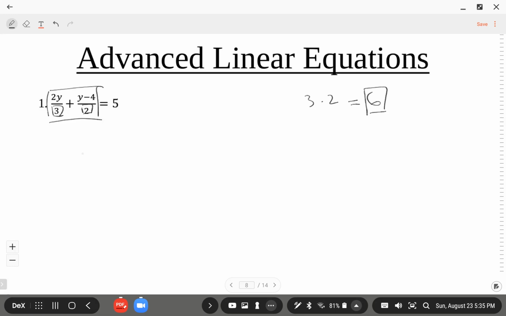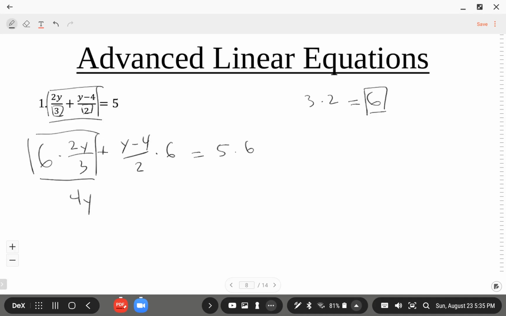So 2y divided by 3 times 6 plus y minus 4 divided by 2 times 6. And then we have 5 times 6. And then, so let's simplify this. We have 4y, first term right here.